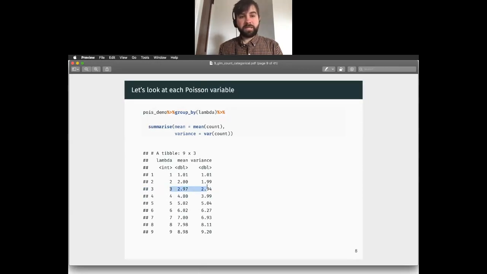So for a Poisson 3, the average count is going to be 3. And the average variance is going to be 2.94, right? A Poisson 8 is going to have an expected value of 8 with an expected variance of 8. And if I increase the number of simulations up to 1 million, it would converge to those numbers. Questions about that? This is just basically how the Poisson behaves.